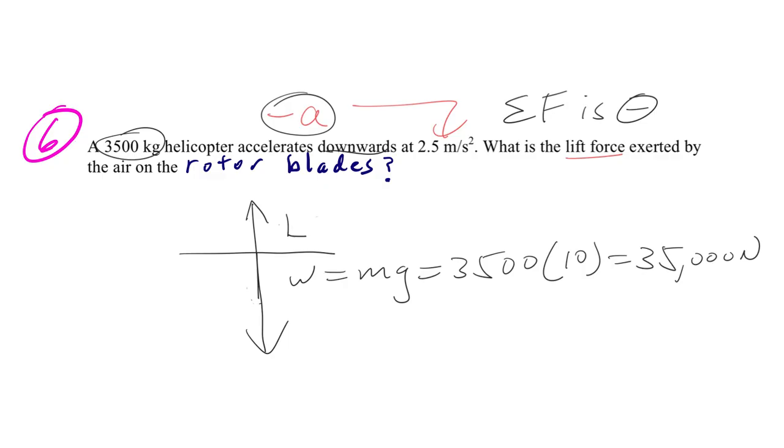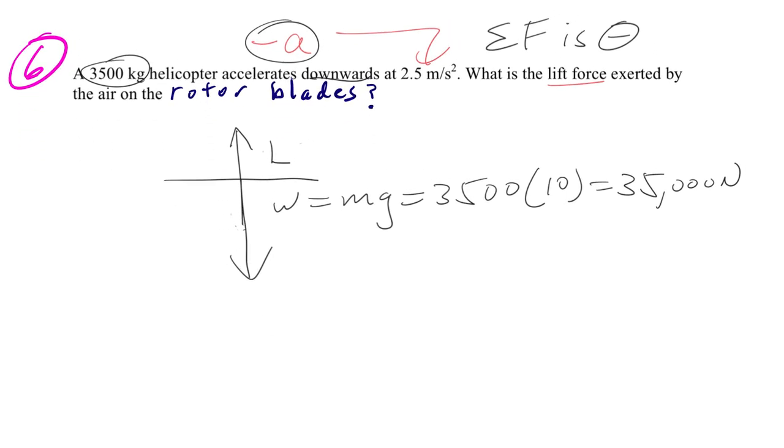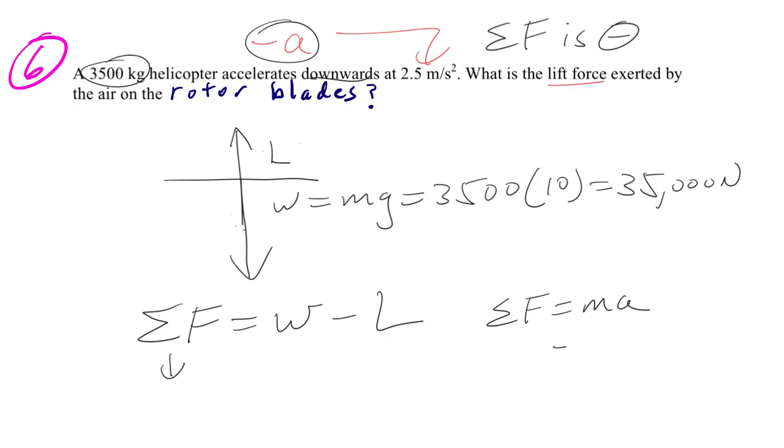So, what's the lift force? Well, you have to go now the other way. The net force is equal to the bigger one minus the smaller one. Another equation for net force is ma. I have the mass, 3,500, and I have the acceleration, 2.5.